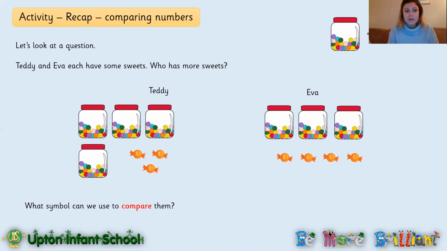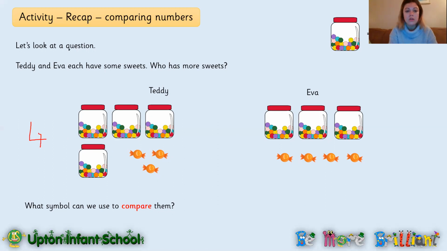So if we looked at a question, Teddy and Eva have some sweets. So we need to work out who has more sweets using these symbols. So if each jar of sweets equals 10, we can count these in groups of 10. So Teddy has 1, 2, 3, 4. He has 4 groups of 10.